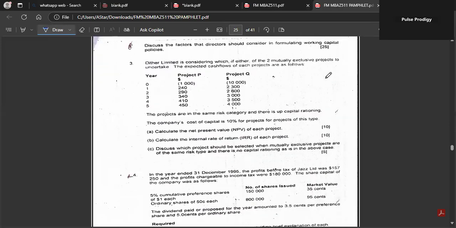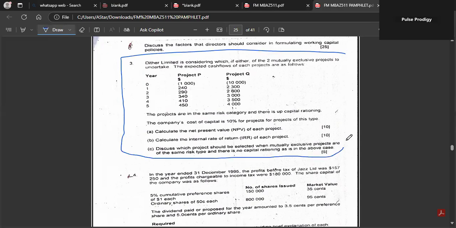Question 3 says, DISA Limited is considering which of either of the two mutually exclusive projects to undertake. A mutually exclusive project simply means a project that has nothing in common. And of course, the expected cash flows for the projects are given here, for year 0, 1, 2, 3, up to 5.